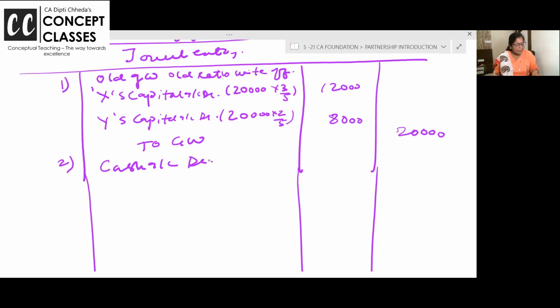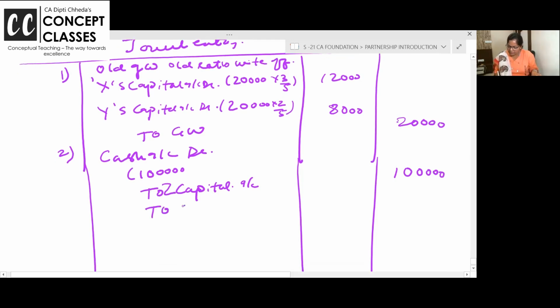Z brings 1 lakh capital in cash, but don't write the amount outside. Capital account of Z. Credit karo. 1 lakh, and he brings 60% of his share of goodwill in cash.